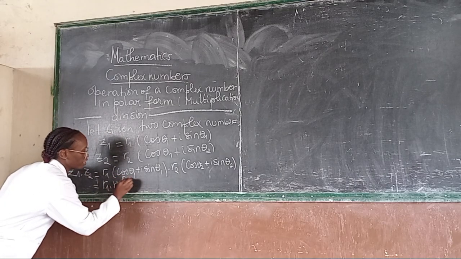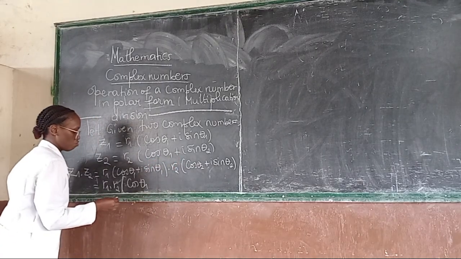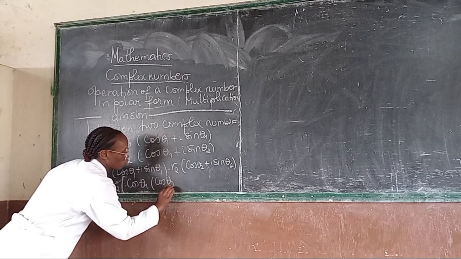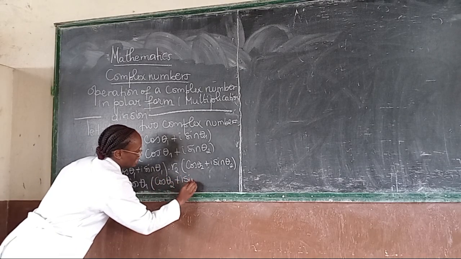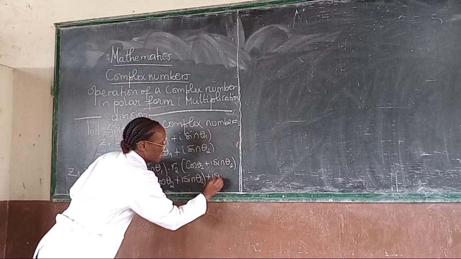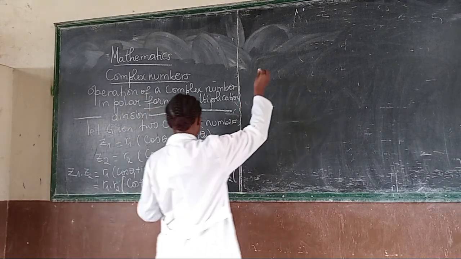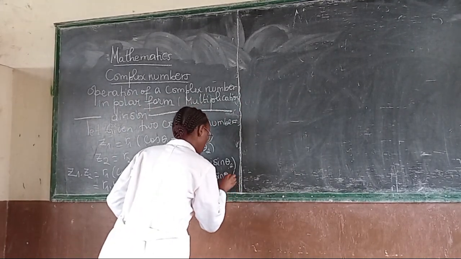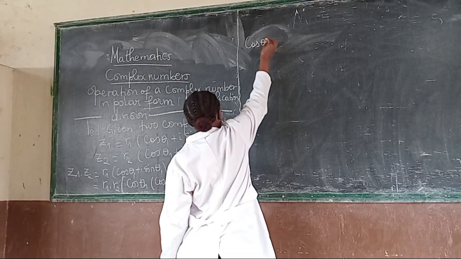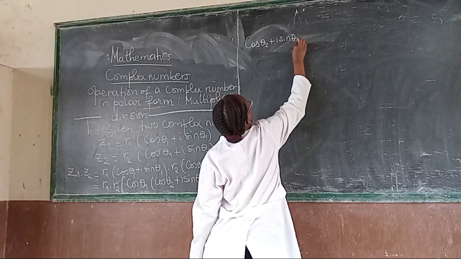Then cosine theta 1 is going to multiply through this whole side, cosine theta 1 times (cosine theta 2 plus I sin theta 2), then plus I sin theta 1 times the same as here, (cosine theta 2 plus I sin theta 2).